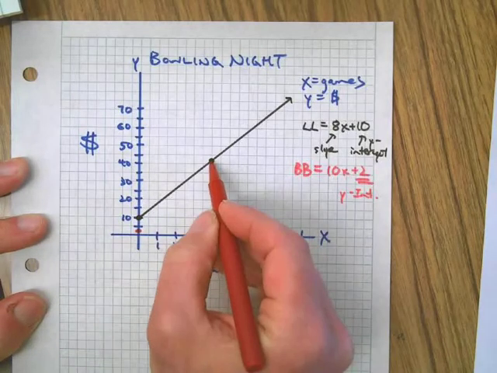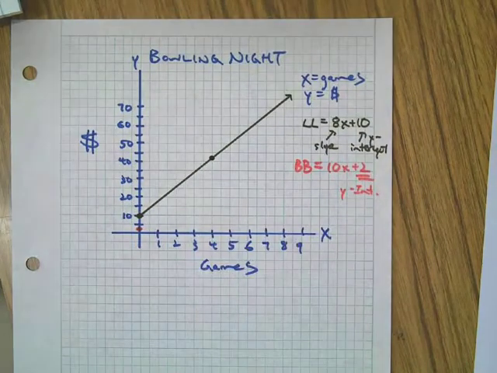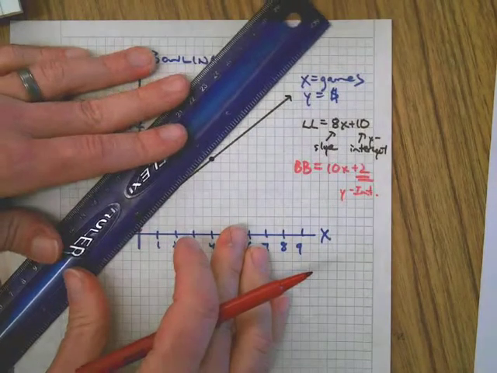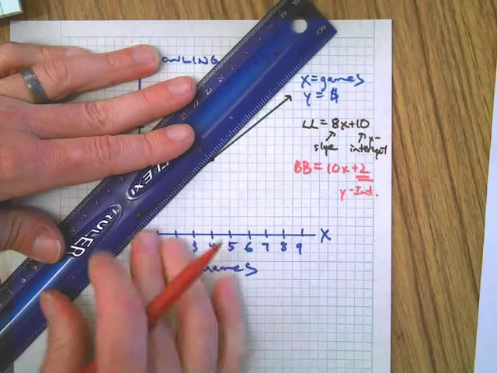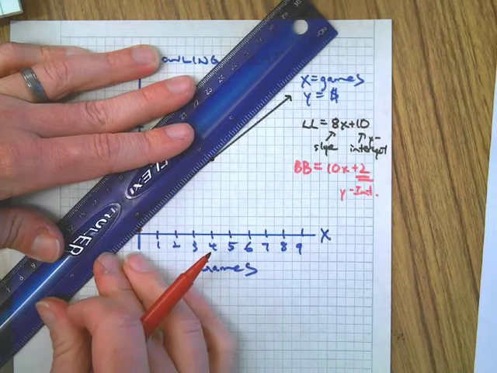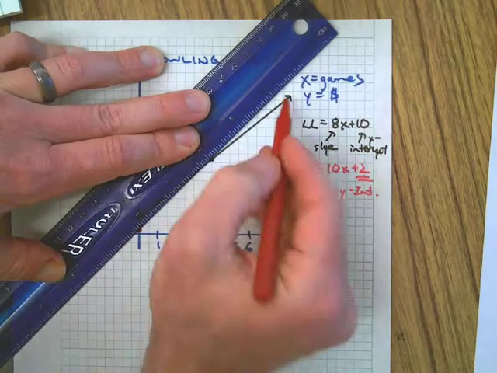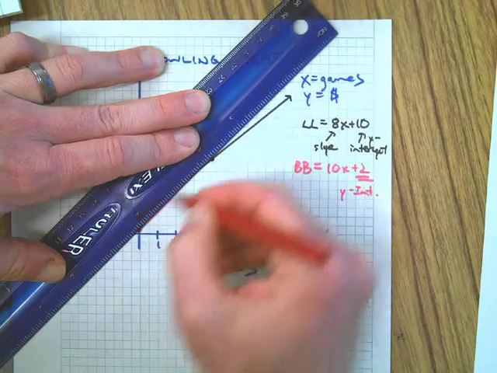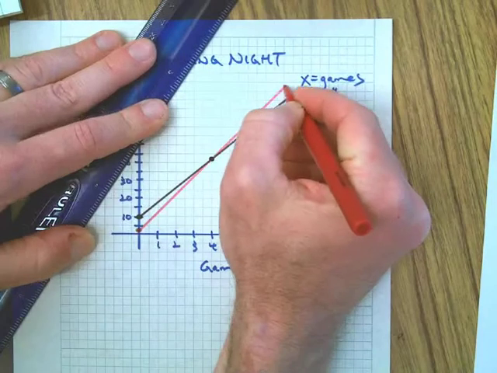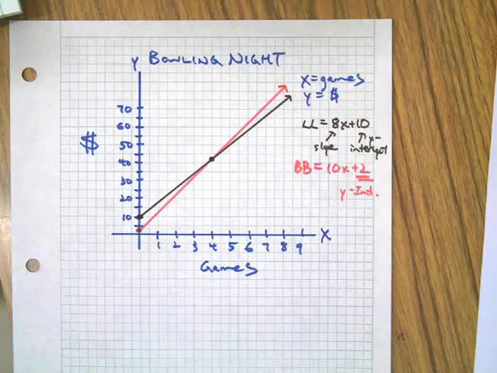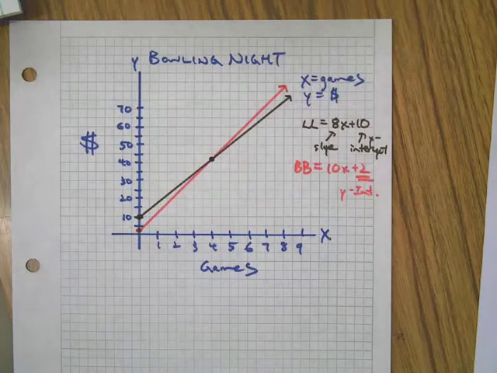They're going to intersect at that same spot, so I'm going to leave that. I'm going to do my best to make this as accurate as we can make it with a ruler and a felt pen, which is kind of tough. By design, it's kind of tough. There we go. Okay, so bouncy bowl is in red, lumpy lanes is in black.